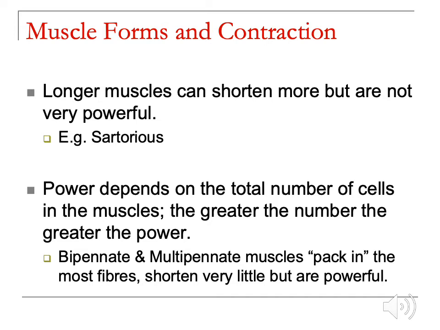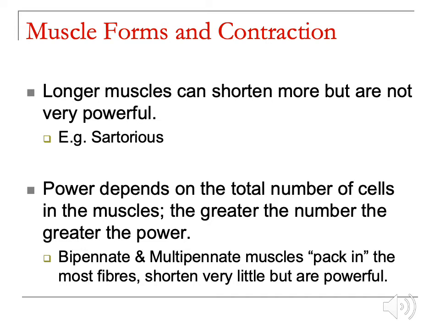So this makes sense that the longer muscles have a much bigger range of motion. We mentioned on one of the previous slides, sartorius is a parallel muscle where we have very long muscle fibers running parallel to one another. So we get a big range of motion within that. However, it means there can be fewer fibers, so it doesn't create as much strength.